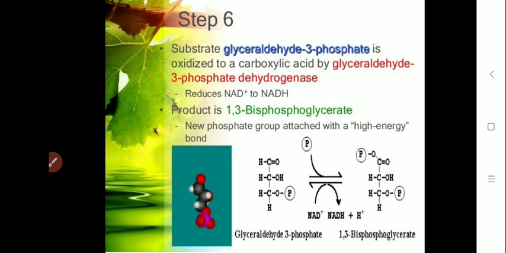Then comes step 6. In step 6, two molecules of glyceraldehyde 3 phosphate are oxidized.